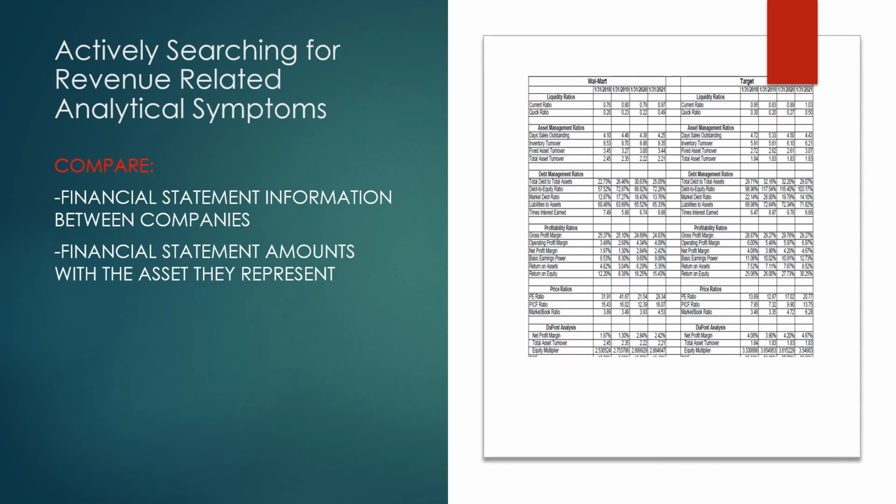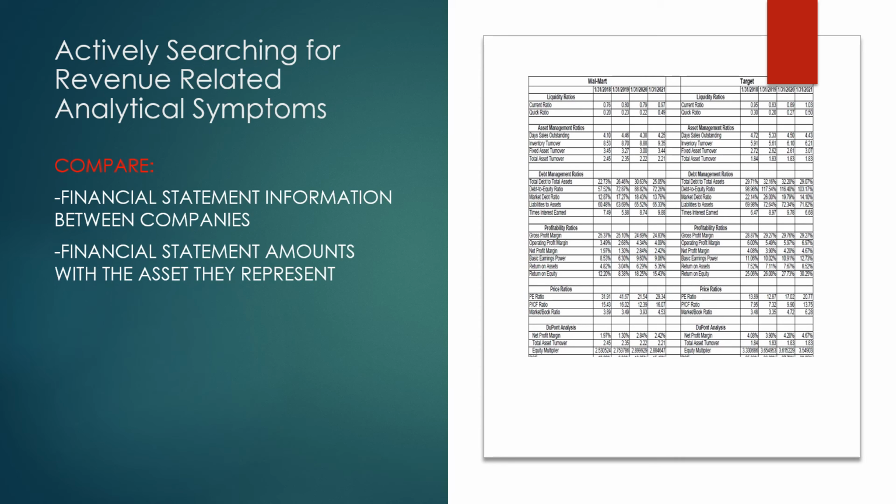When actively searching for revenue-related analytical symptoms, we need to compare financial statement information between companies. We need to compare the performance of the company with similar companies within the industry. One example is Equity Funding fraud.